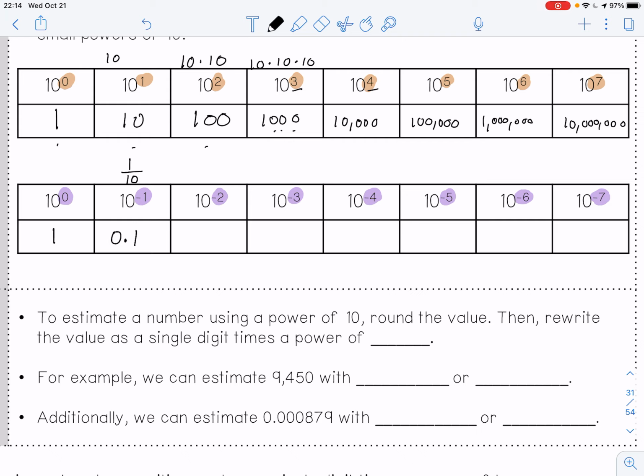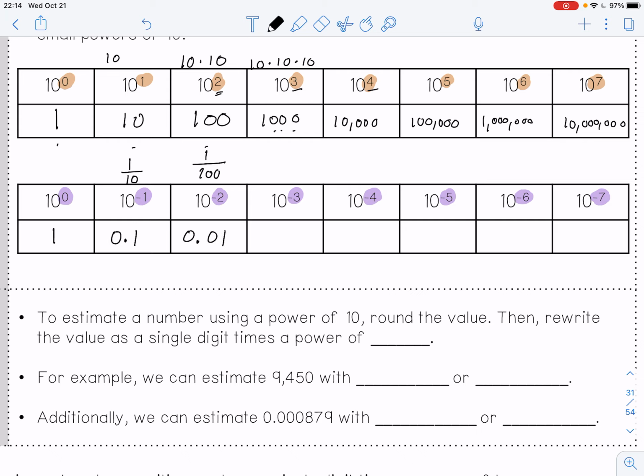So then if we go by definition, the next one should be 1 over 10 to the negative 2, so 1 over 10 squared. 10 squared down here is 100, so that would be 10 times 10. 1 over 10 times 10 is 1/100th. And we represent that as a decimal as 0.01.